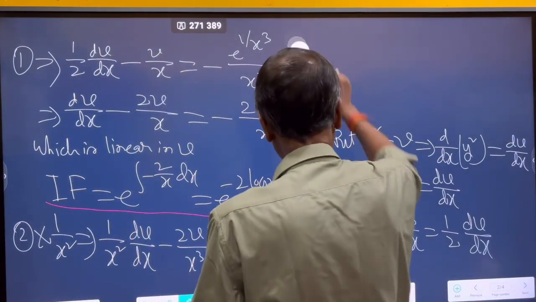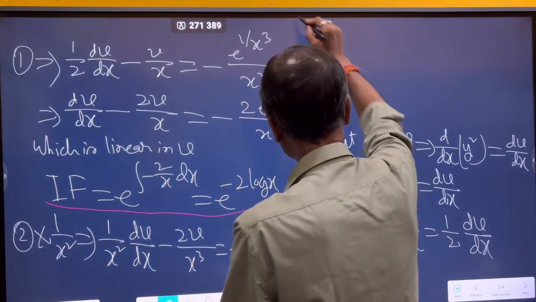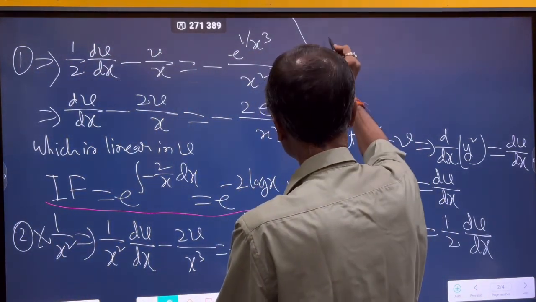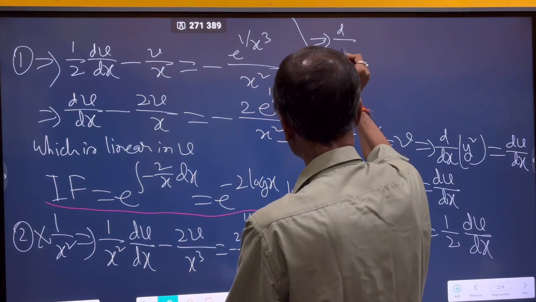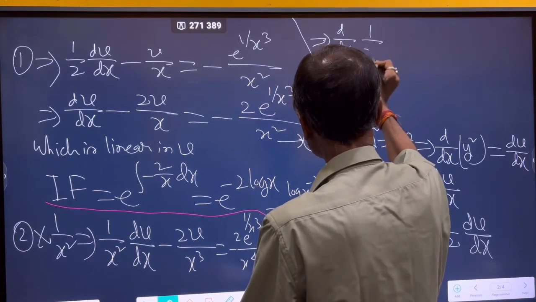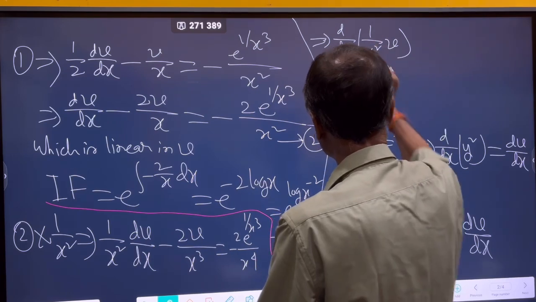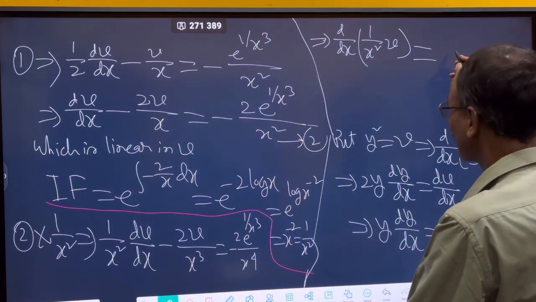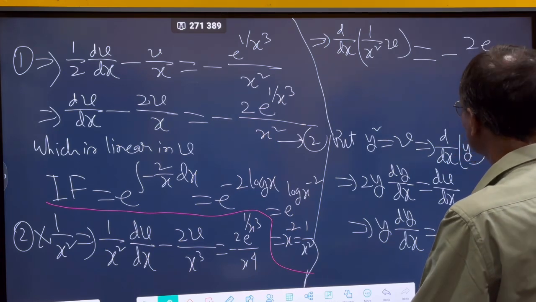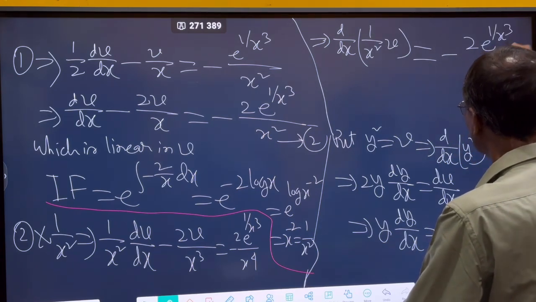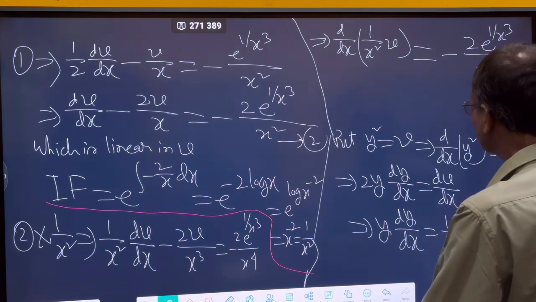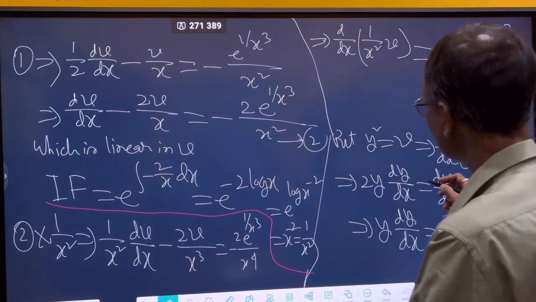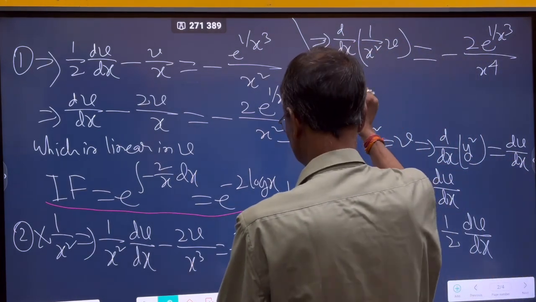Therefore, you may write it as d dx of 1 by x square into v equal to minus 2 e to the power 1 by x cube divided by x to the power 4.